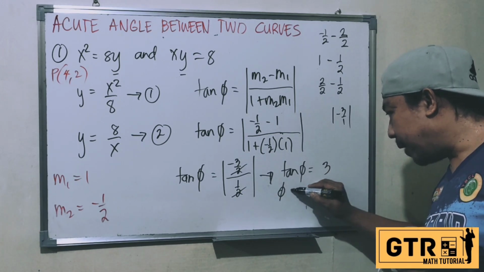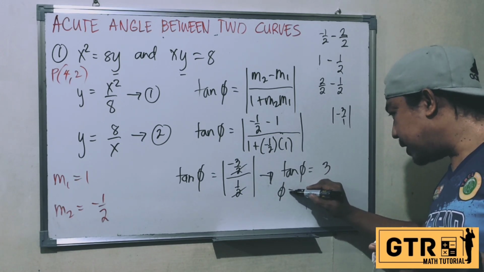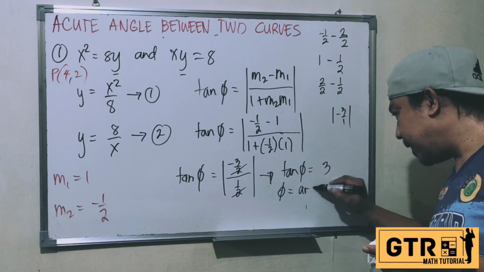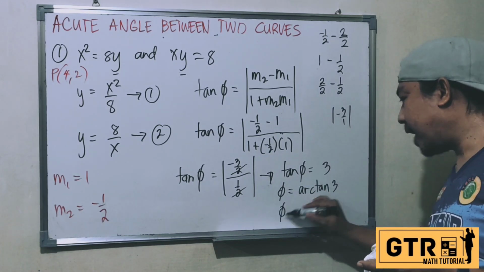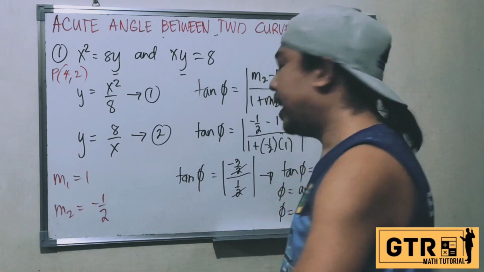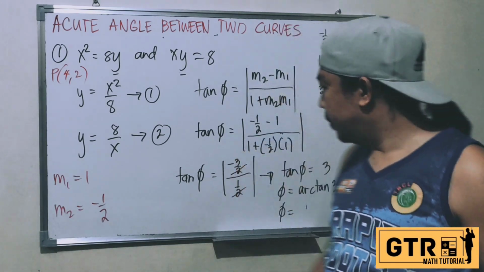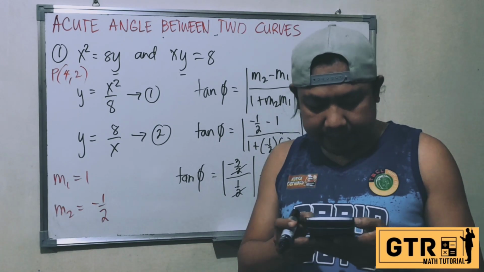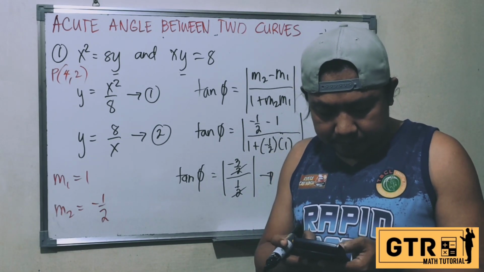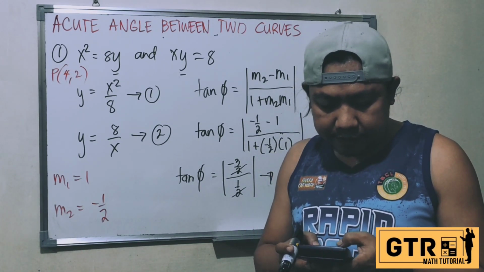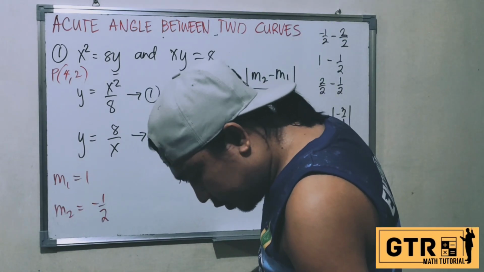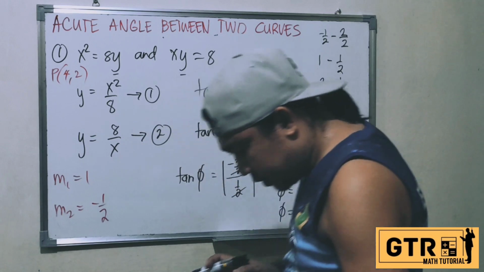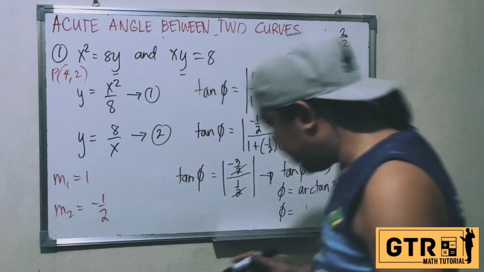So therefore, the value of the acute angle of intersection is equal to arctangent of 3. So just type that on your calculator, the arctangent of 3. The answer is 71.56.